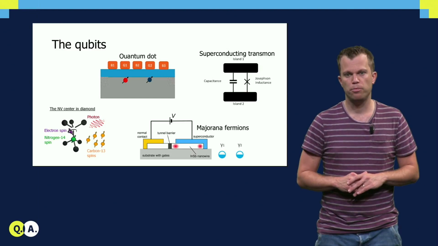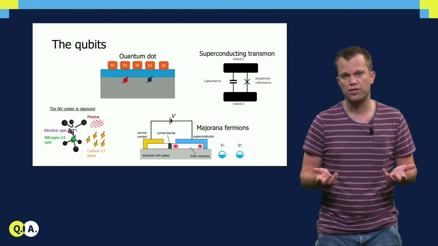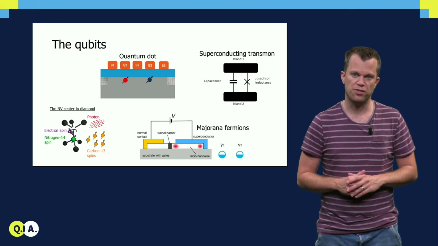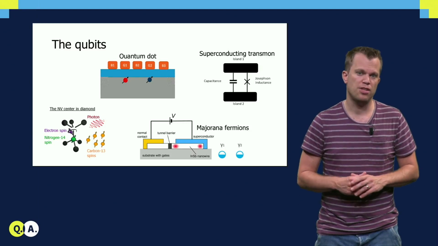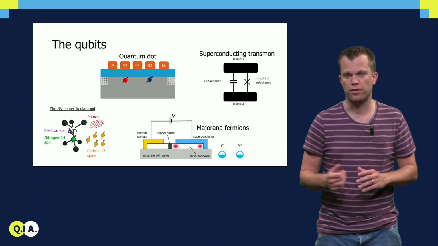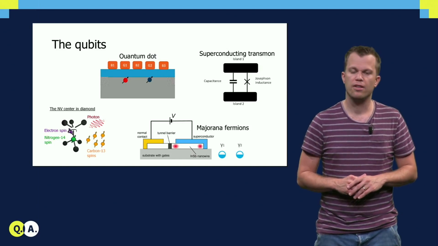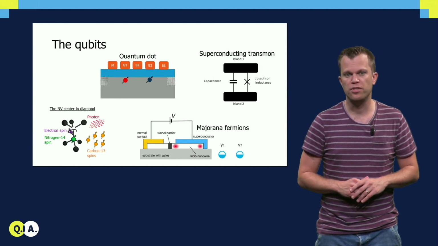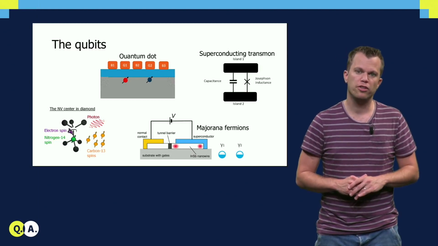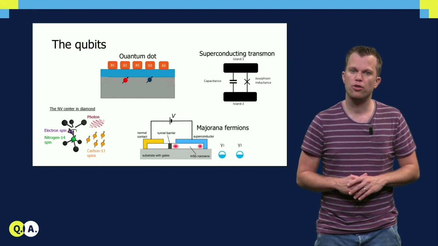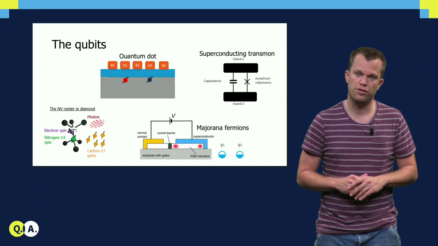This is achieved by, for example, removing magnetic noise from nearby nuclear spins, or electric noise stemming from charge defects in the substrate.